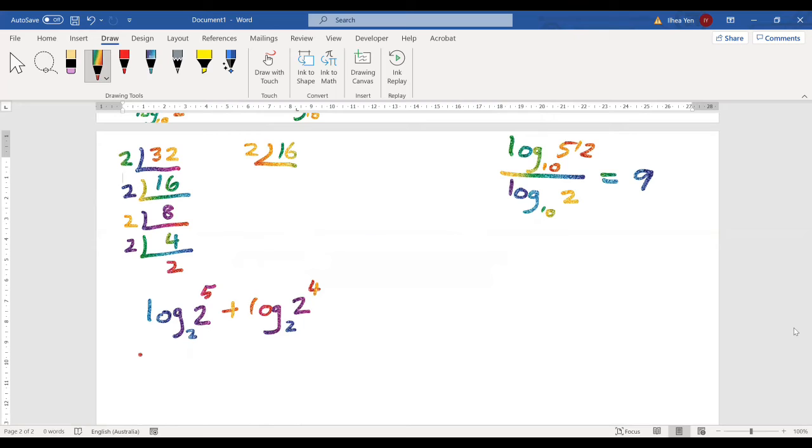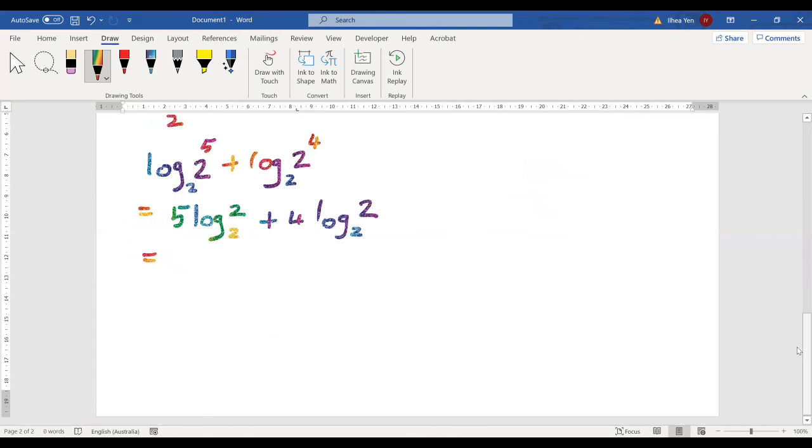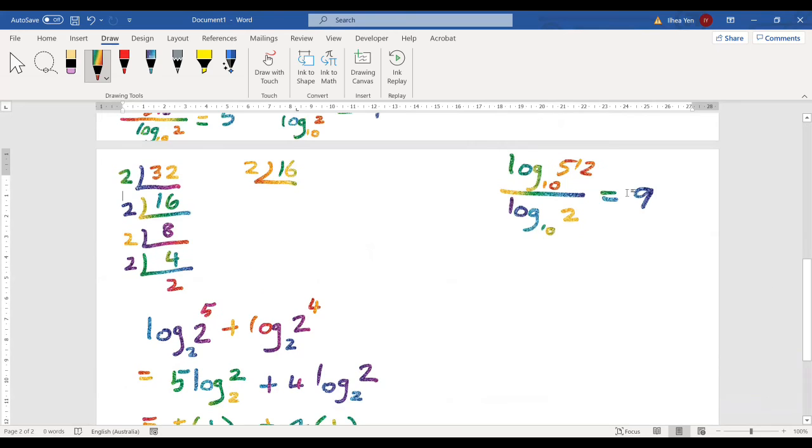Okay, so that means I can put the power in the front: 5 log base 2, 2 plus 4 log base 2, 2, which is, log base 2 of 2 is actually 1, you know. So that will become 5 times 1 plus 4 times 1, which is 9. So you can see both of them are 9 and 9 here.